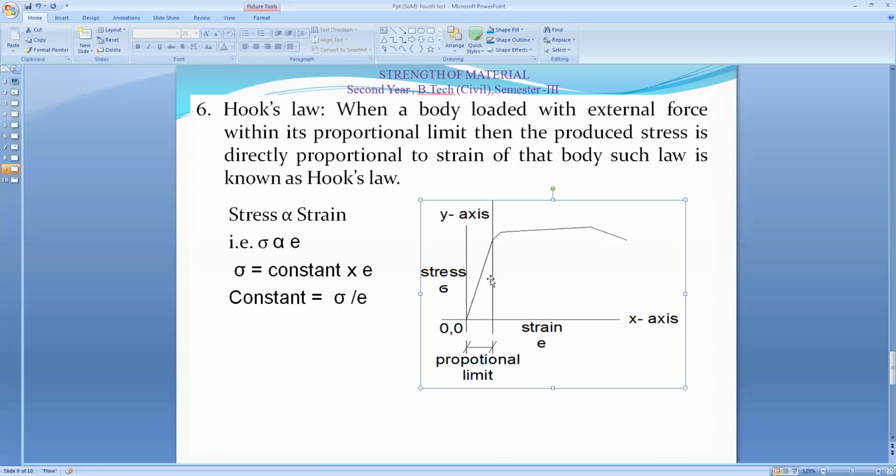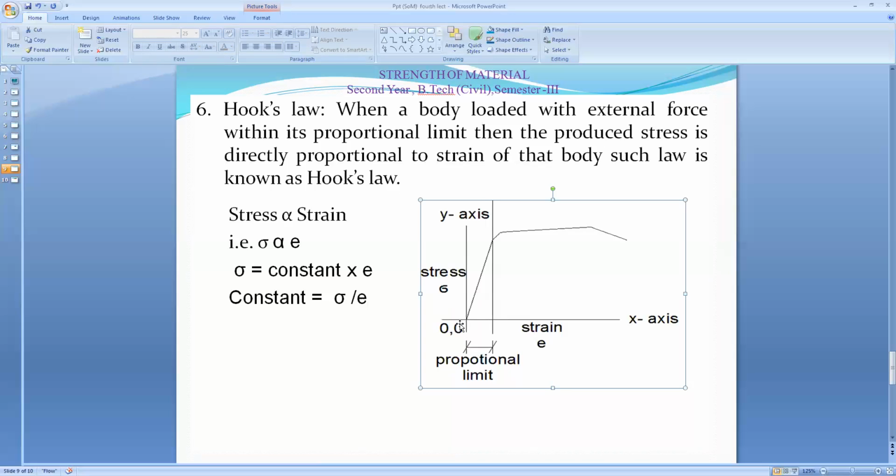After that, when stress goes beyond that proportional limit, the graph forms as shown in this figure, and there is no correlation between the stress and the strain.